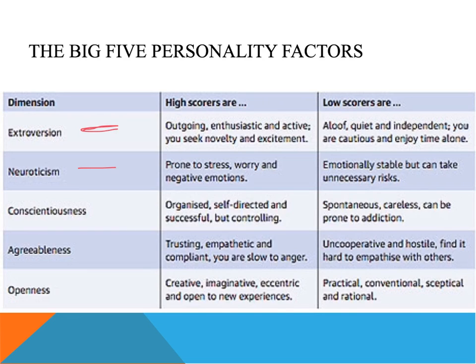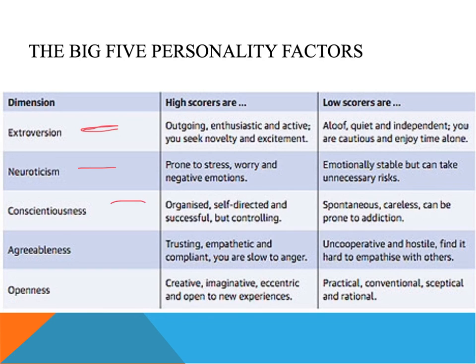Whereas if you score highly in the neurotic dimension, then you tend to be prone to stress, worry, and negative emotions. Whereas if you do not suffer from neuroticism, then you will be emotionally stable but can take unnecessary risks at times. If you score highly in conscientiousness, then you're organized, self-directed, and successful, but sometimes controlling. But if you're not conscientious, then you're spontaneous, careless, and can be prone to addiction or impulsiveness.